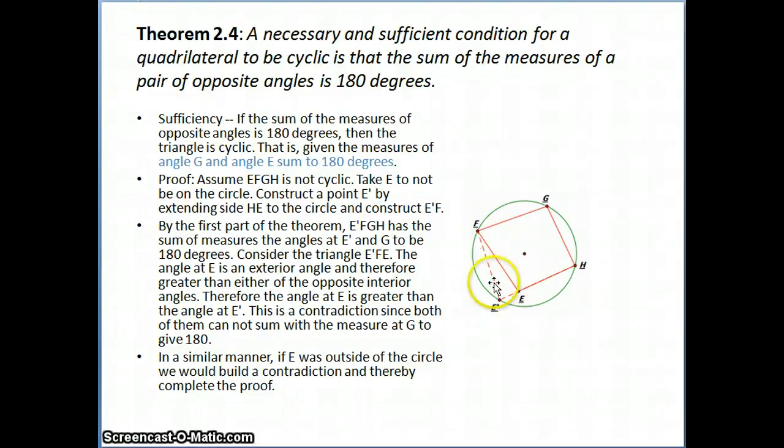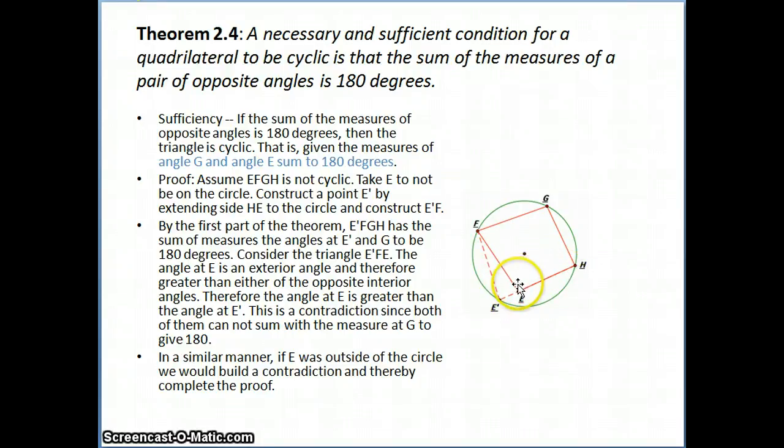Now we have this triangle, E prime, F, and E. In this triangle, the original angle E, FEH, is the exterior angle of this triangle. And we know the exterior angle must be bigger than the remote interior angle. So angle FEH is bigger than angle FE prime H.